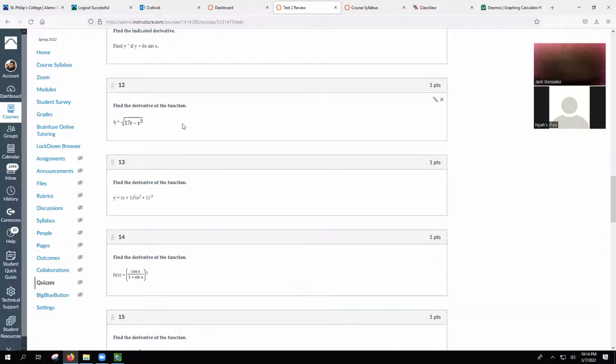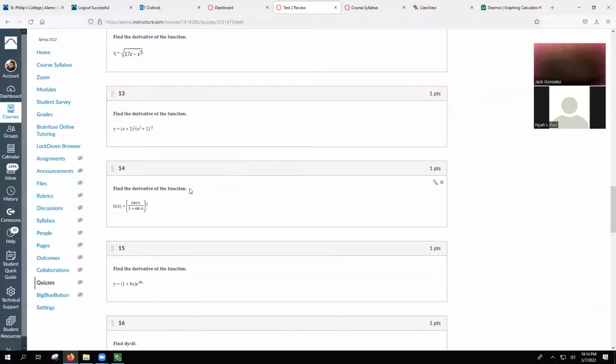All right, yeah, let's do it. This is a nasty one. It has a chain on the outside, and a quotient inside.